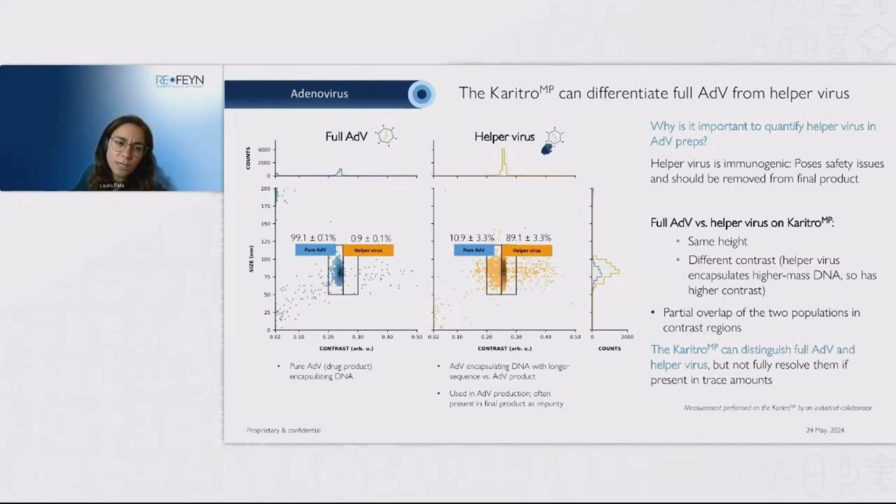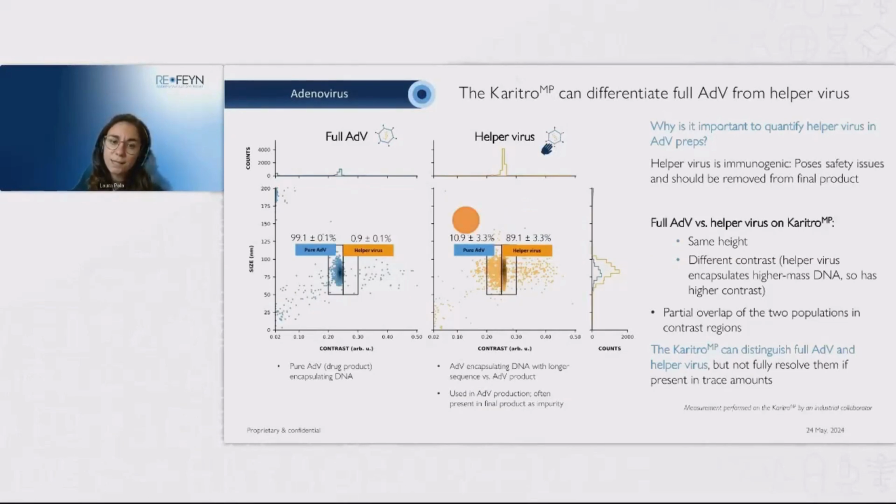If we gate the various regions, for the full adenovirus we detected 99% of the data points within the full adenovirus gate and less than 1% in the helper virus gate. If you measure the helper virus, you have 89% of the data points in the helper virus gate and about 11% in the pure adenovirus gate.